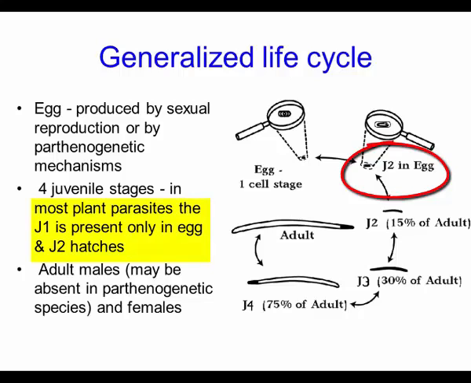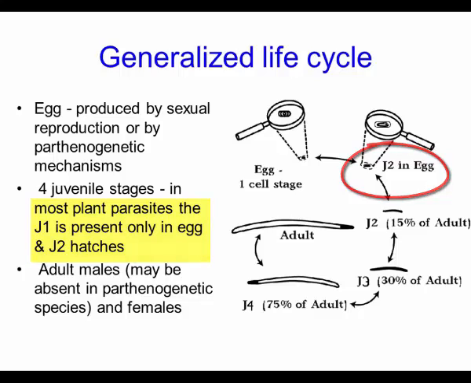In plant parasites, it's a bit unusual that the first juvenile usually undergoes the first molt within the egg, and then it is the second juvenile stage, designated J2, that actually hatches.